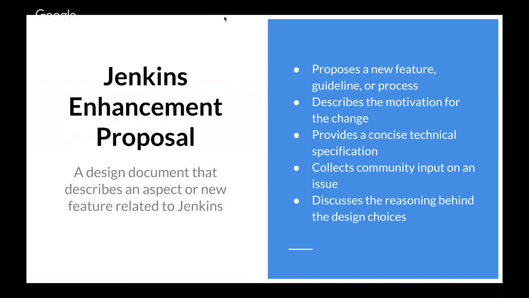So first, of course, what is JEP? When we speak of a JEP, we're speaking of a Jenkins Enhancement Proposal, which is a design document that describes any aspect or new feature related to Jenkins.